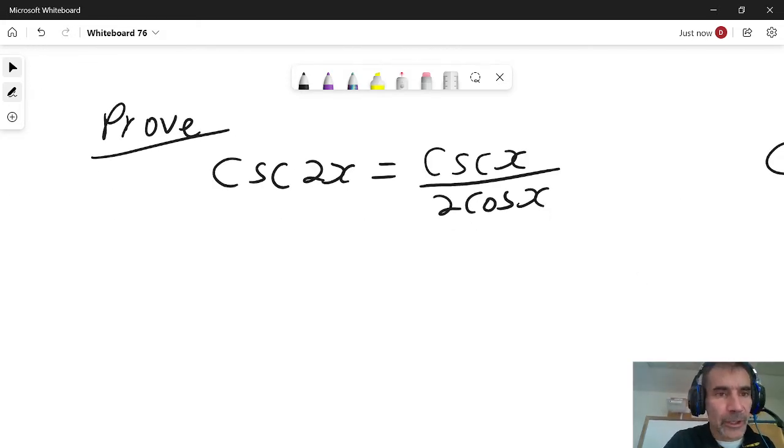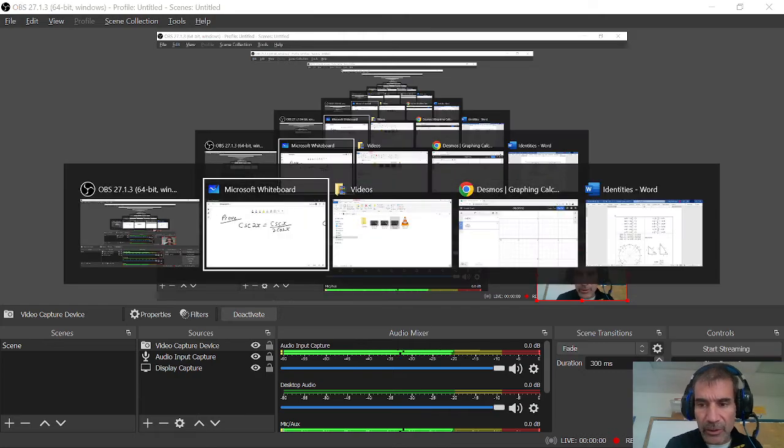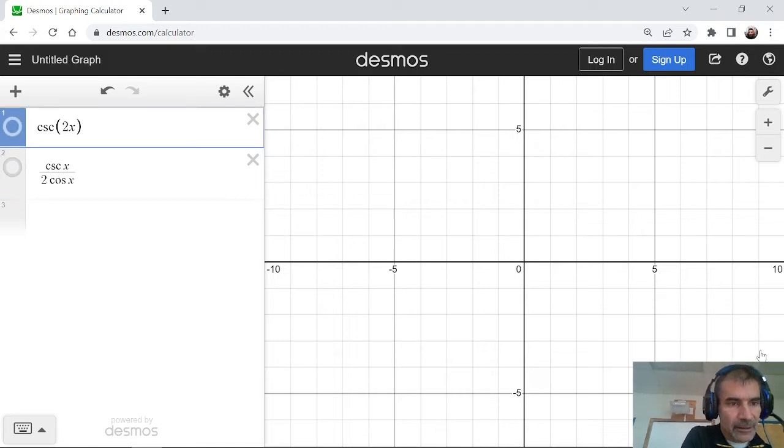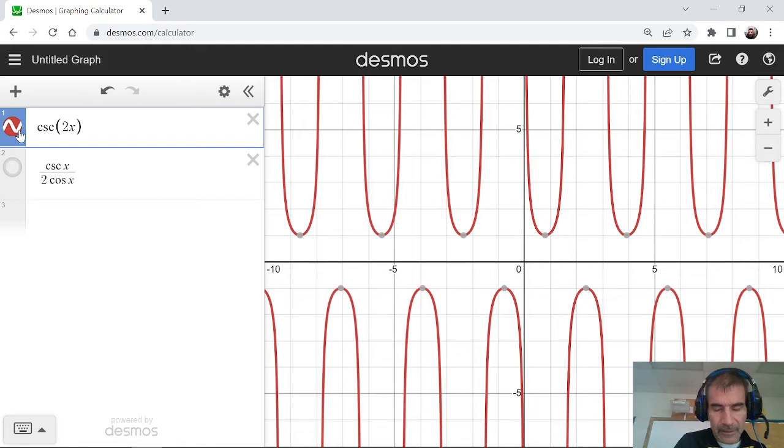To do this first one, first of all, let's have a look to verify that this is true. So we're going to look at the cosecant of 2x, and we're going to graph it. So this right here is the cosecant of 2x. And below it is the cosecant of x divided by 2 times the cosine of x.